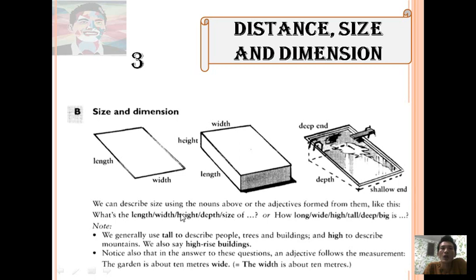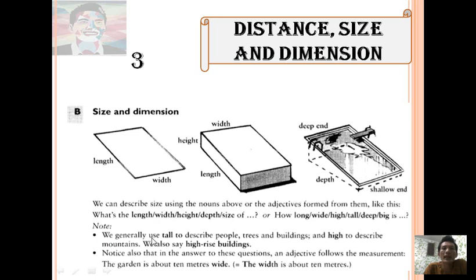We can describe size using the nouns above or the adjective form from them, like this: what's the length, what's the width, what's the height, what's the depth, or what's the size of, or how long, how wide, how high, how tall, how deep, and how big is.